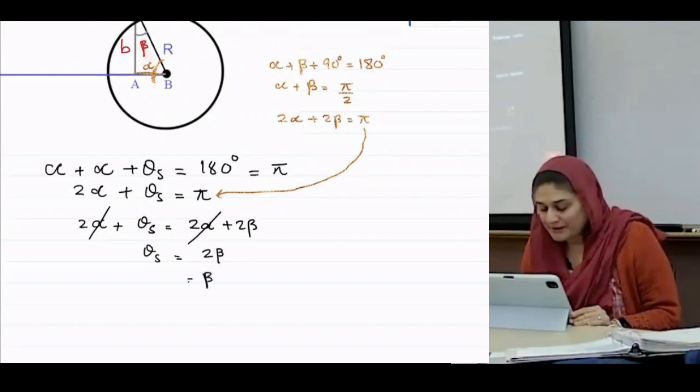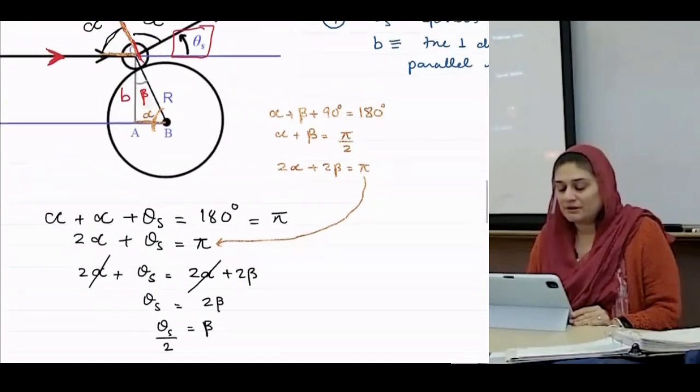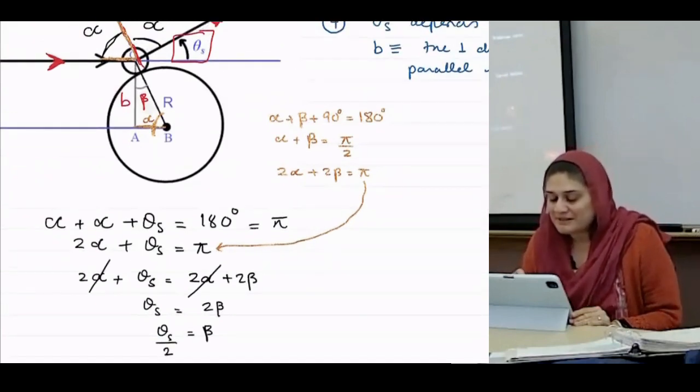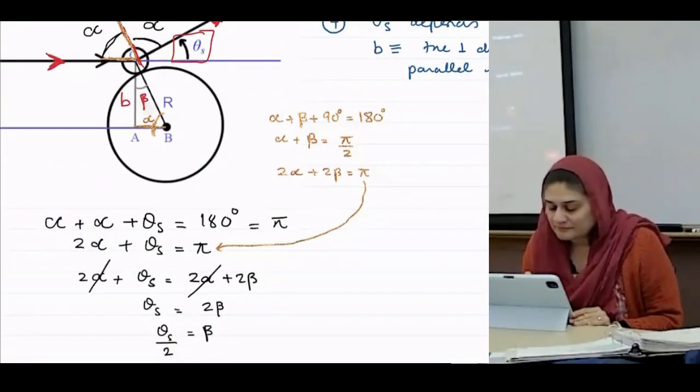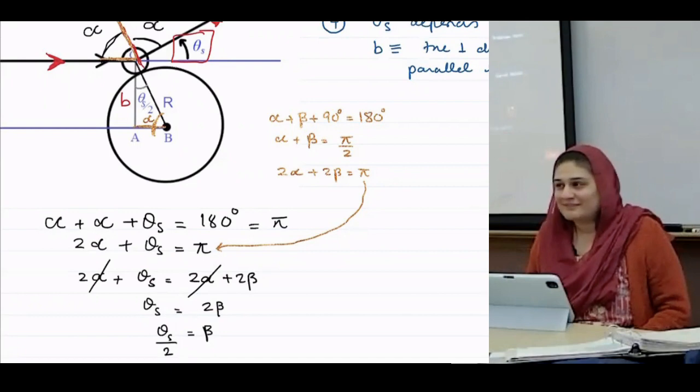Or beta equals theta s over 2. So that means this angle, beta, guys watch, is actually theta s over 2. Woohoo.